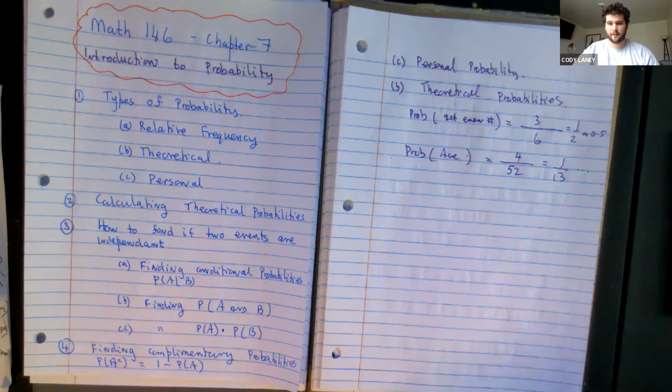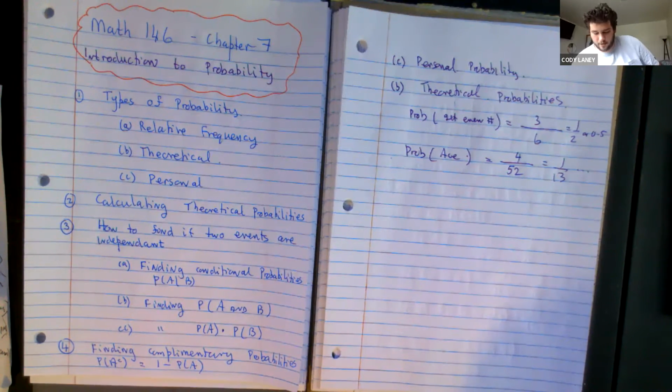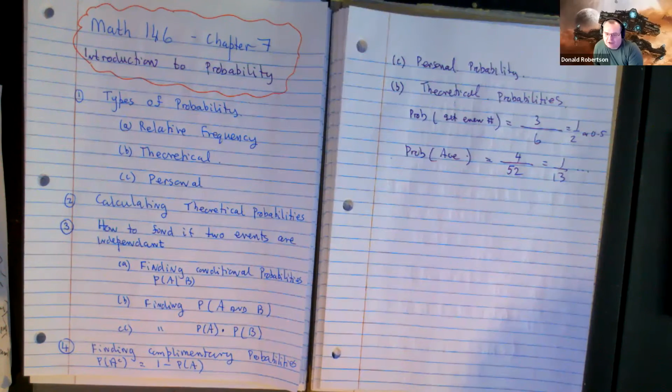It's just a guess, or sometimes they've got a hunch, but they can't really justify it. You might say, how could I write that down? Well, you just write it down in your own English. Personal probability is an estimated probability based on just a guess.